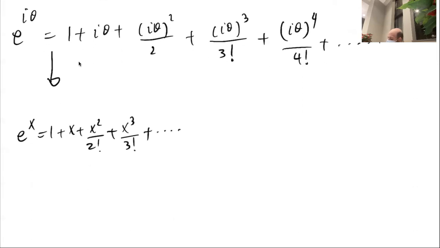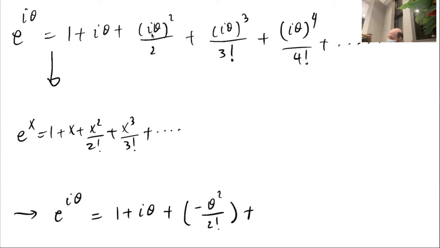Now, if we simplify the right-hand side of the equation above, we can write it as 1 plus i theta plus, now this one i theta the whole squared, we can write i squared theta squared, but i squared is minus 1. So we can write it as minus theta squared over 2 factorial plus this one, i to power 3 can be written as i squared times i, i squared is minus 1, times i will be minus i.